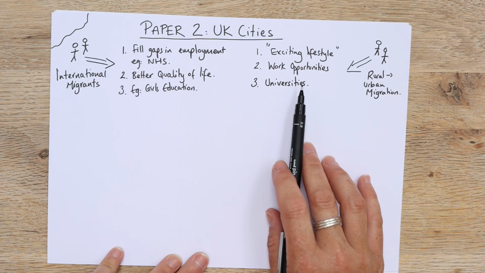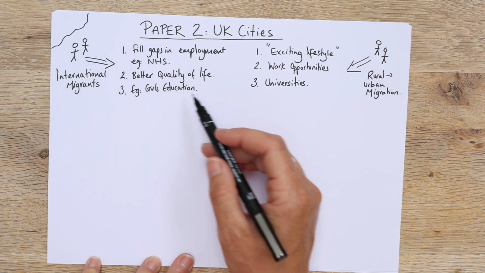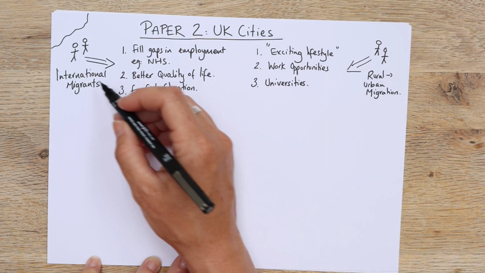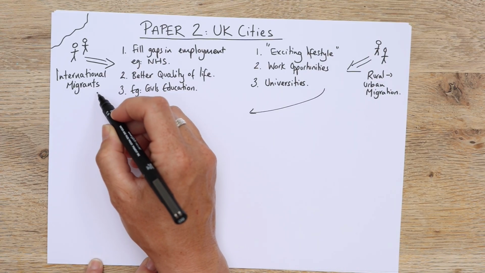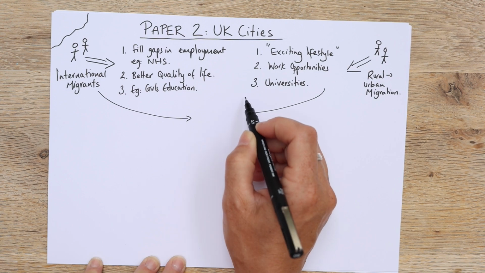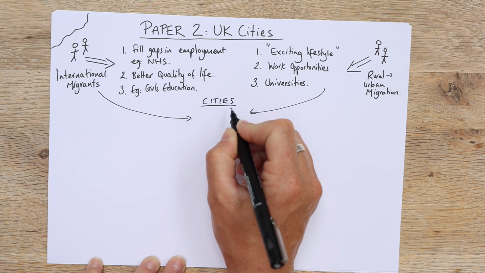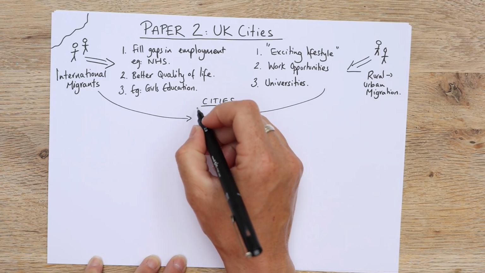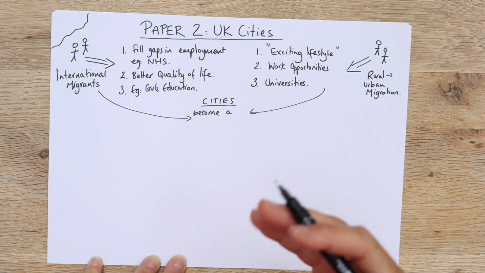So they finish university and they stay on. Now, when you get this and this together, so just draw a couple of arrows, what happens is, and this is true of all cities, okay, they become what we call a mixing pot.